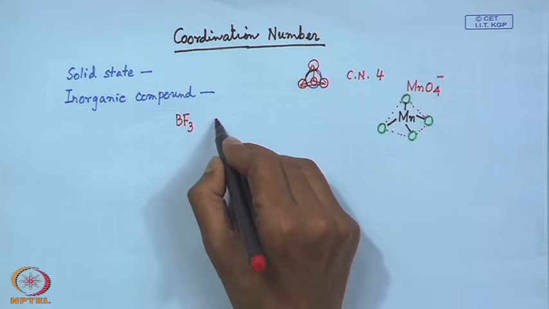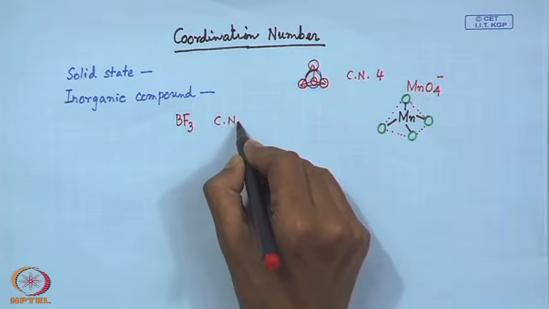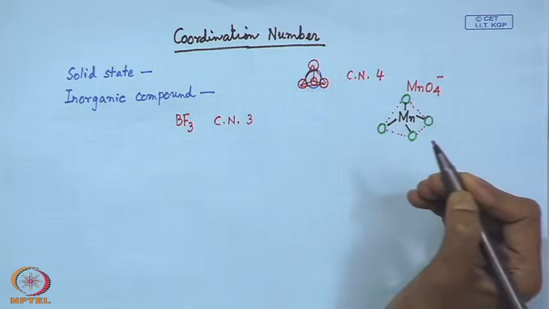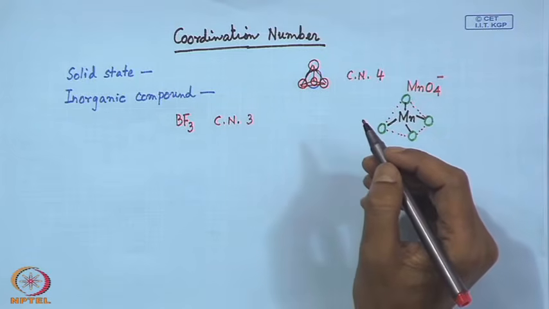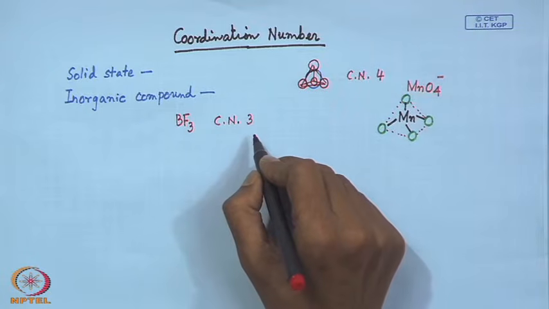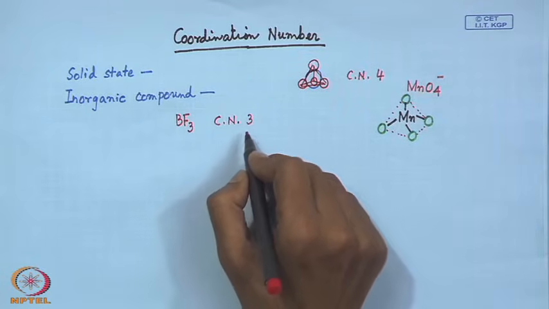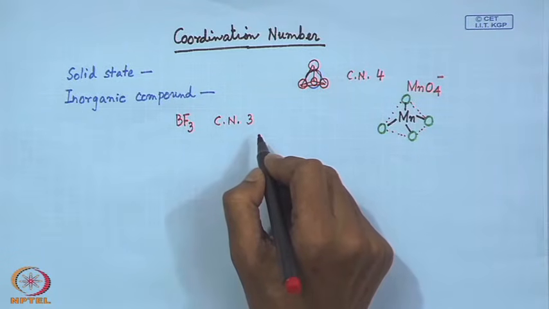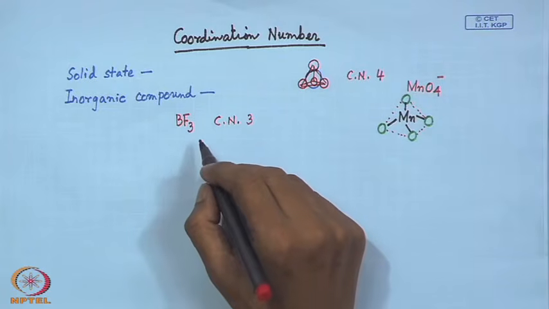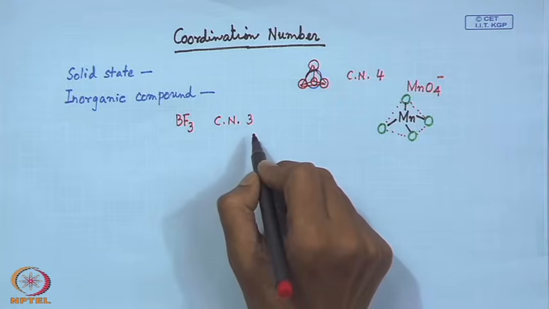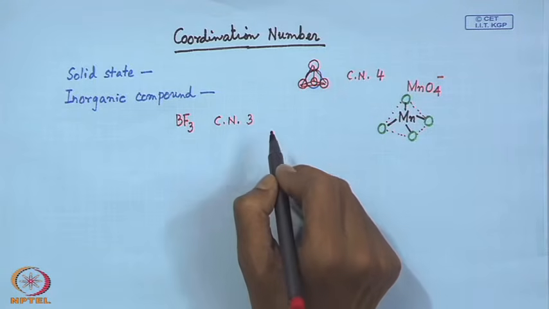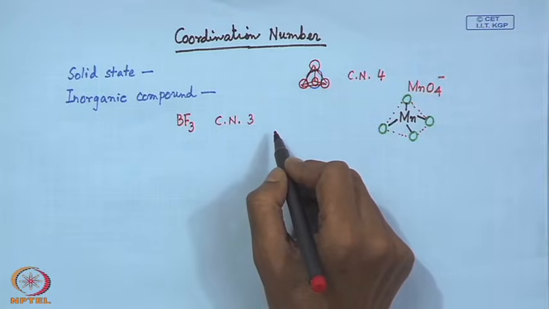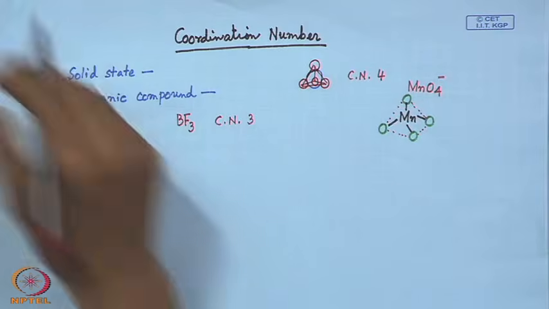So, initially only that particular information is sufficient to say a coordination number of 3 to boron, but afterwards if there are different possibilities related to this coordination number, we will find that one particular geometry is favored compared to the other possibilities, where the BF3 molecule will remain in that particular geometry. So, coordination number, the geometry, and sometimes the corresponding stereochemistry of the coordination compounds, they are all interrelated.